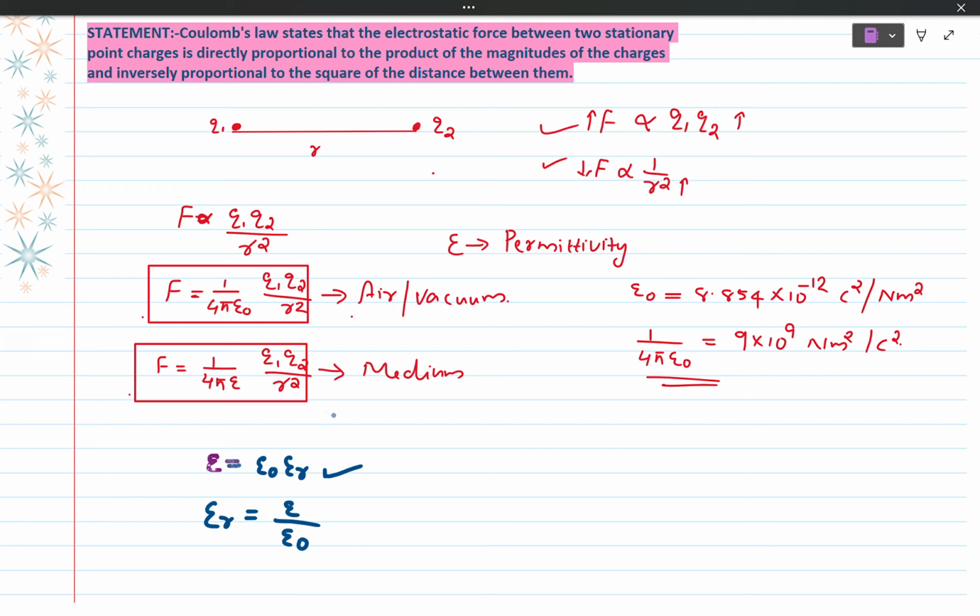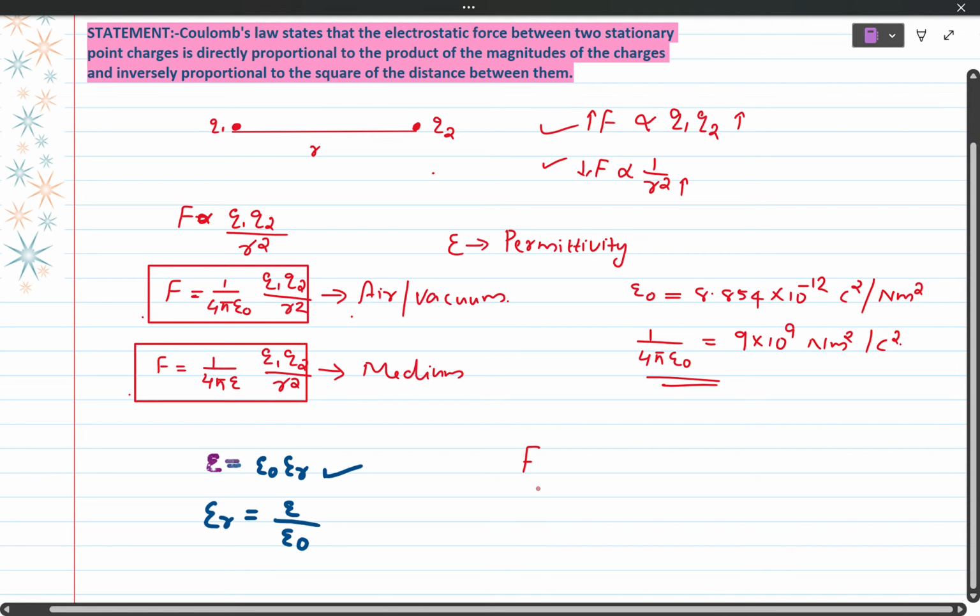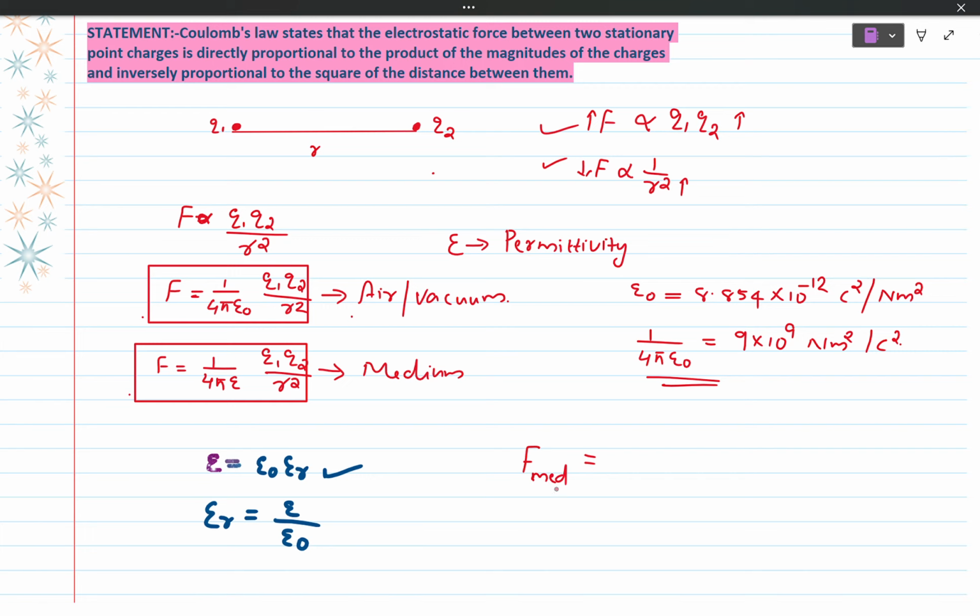We can rewrite the equation one more time, for the electrostatic force between two stationary charges in a medium. We add the suffix for the medium, so that will be 1 by 4 pi, and instead of epsilon we write epsilon naught epsilon r, then the remaining terms as such, q1 q2 by r square.